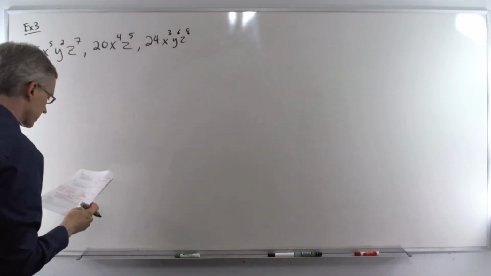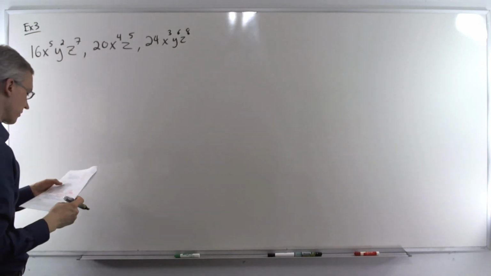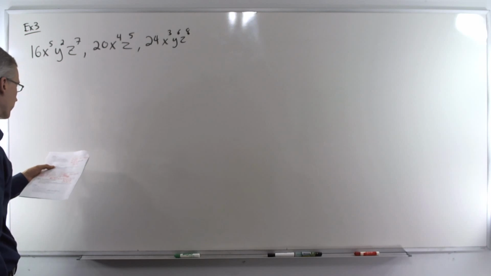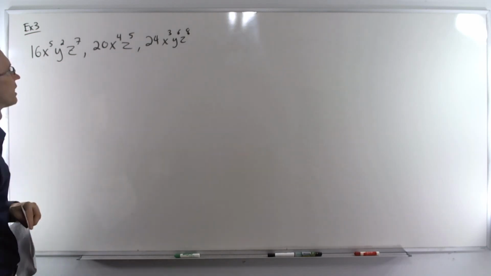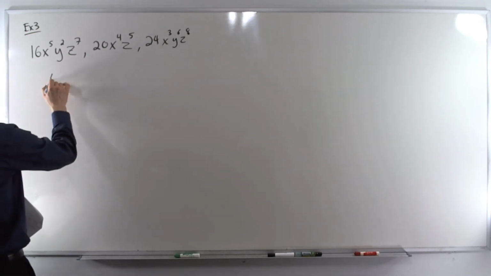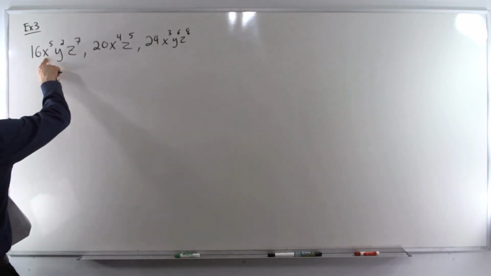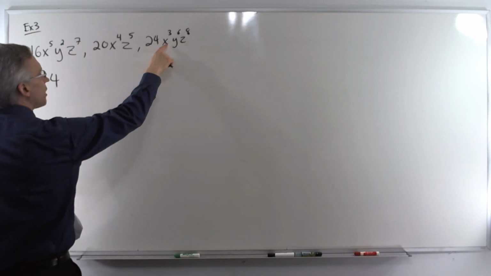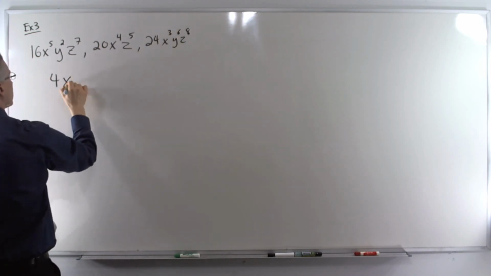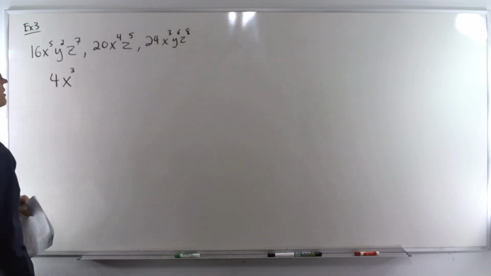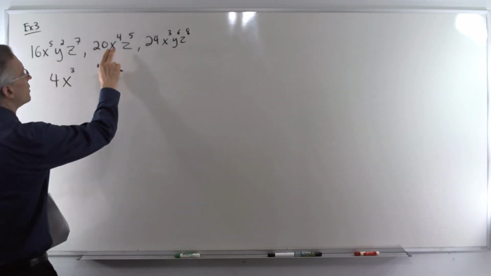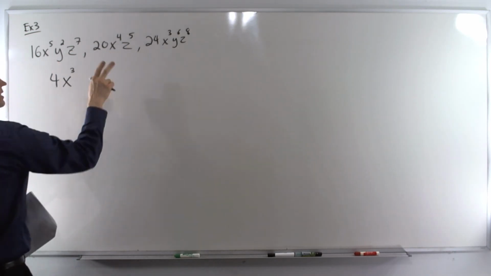So there's three monomials now, so we're going to start by finding the greatest common factor of coefficients 16, 20, and 24. So that's 4. Now looking at the x bases here, the smaller exponent is 3. And looking at the y's, we've got a y here, nothing here, so we can't include the y's.